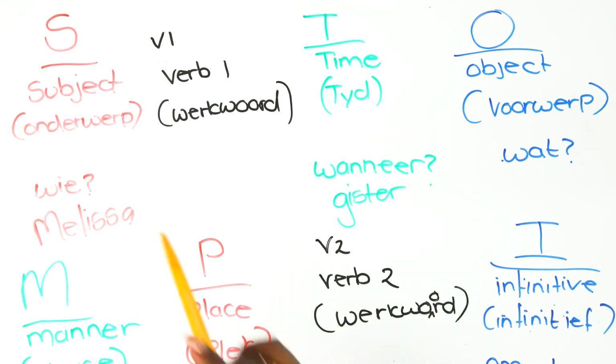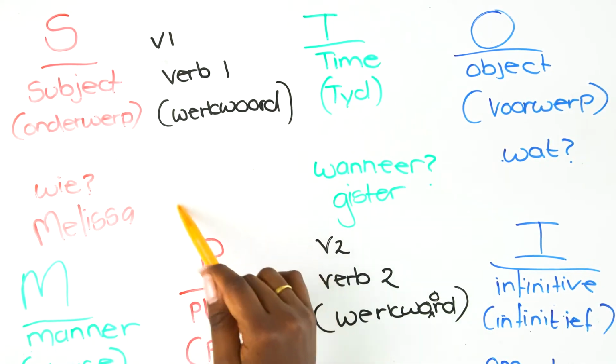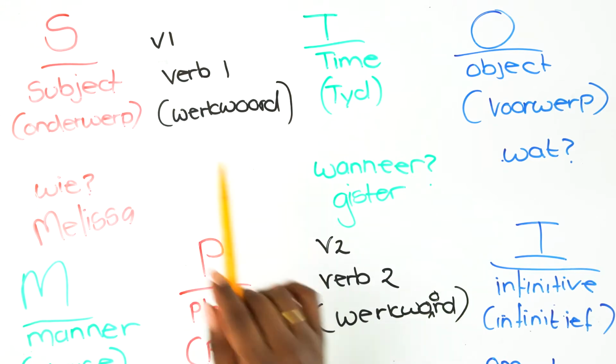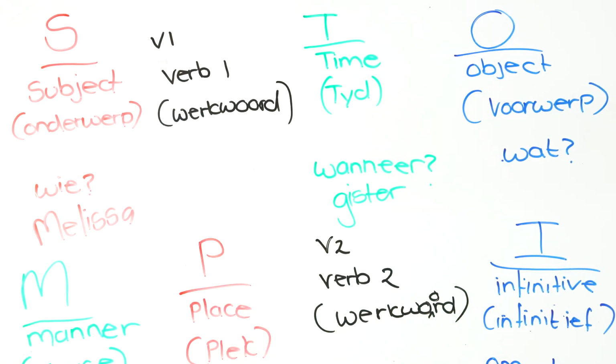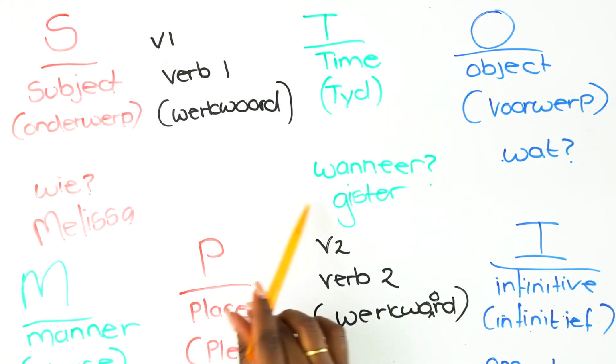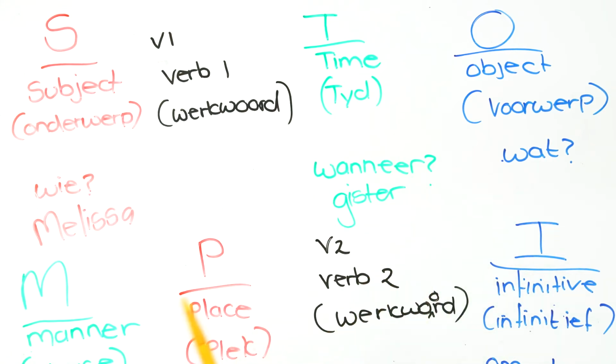When we're doing stompie and we have two verbs, it's very difficult to use stompie with an actual verb. For example, if I was going to carry on to say Melissa skop gister die bal hard oor die muur skop. Do you understand? Verb 2. And then om te wen.